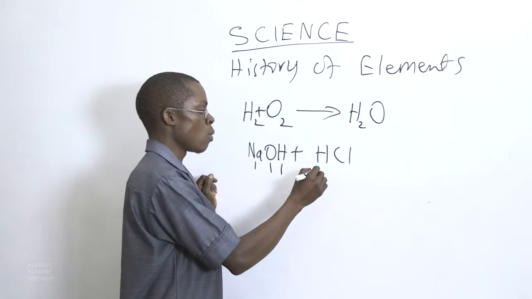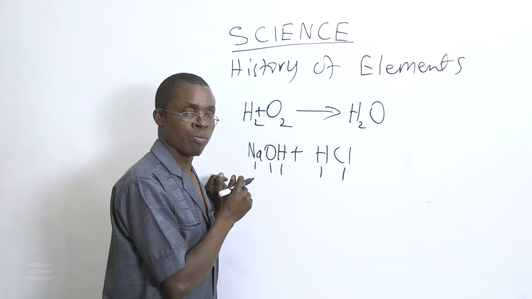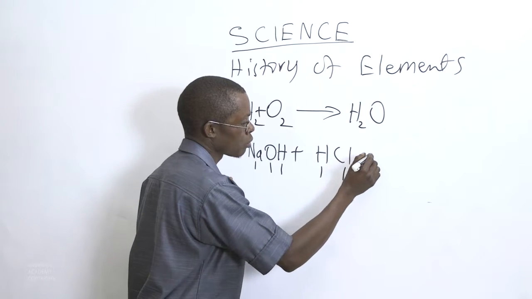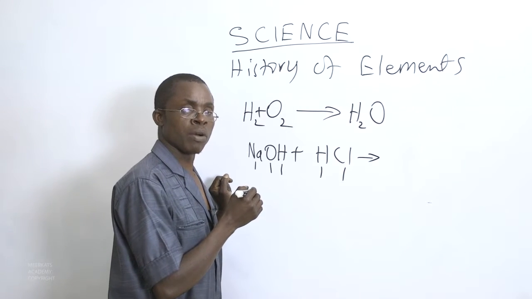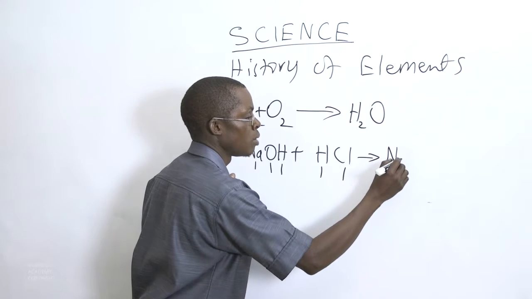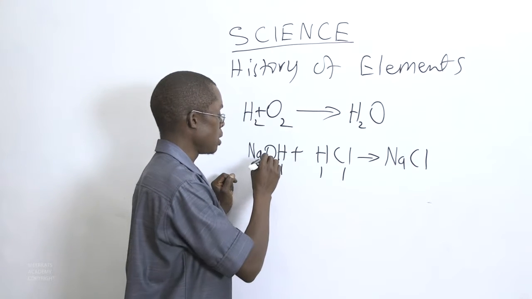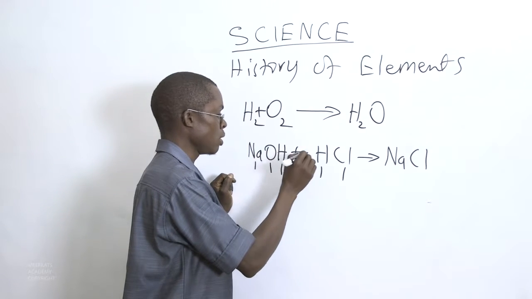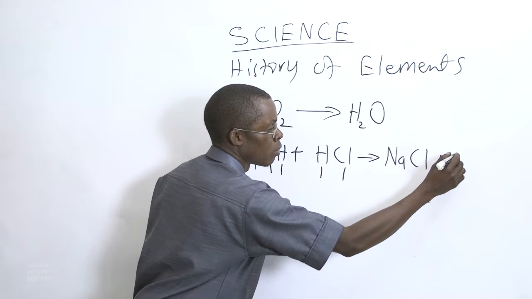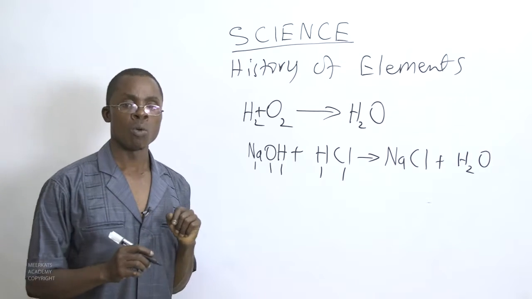Here we have one hydrogen atom, one chlorine atom. For these to react, it will give us a different grouping, and that is sodium will take chlorine, and oxygen, hydrogen, and hydrogen will group themselves together to form water.